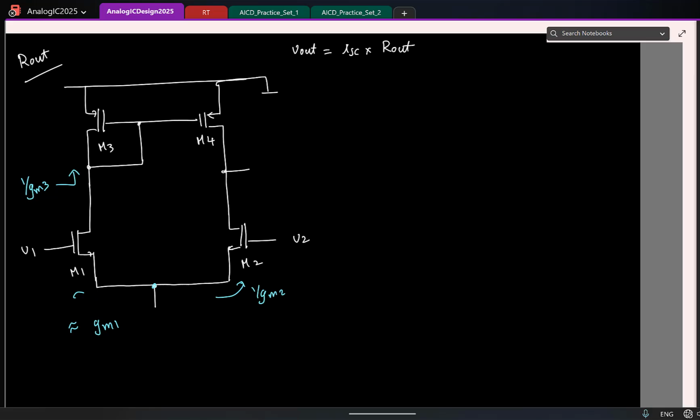Let me erase all this. Okay, how will I find the output resistance? I'll apply a test voltage source, say somewhere here, and find the test current drawn.